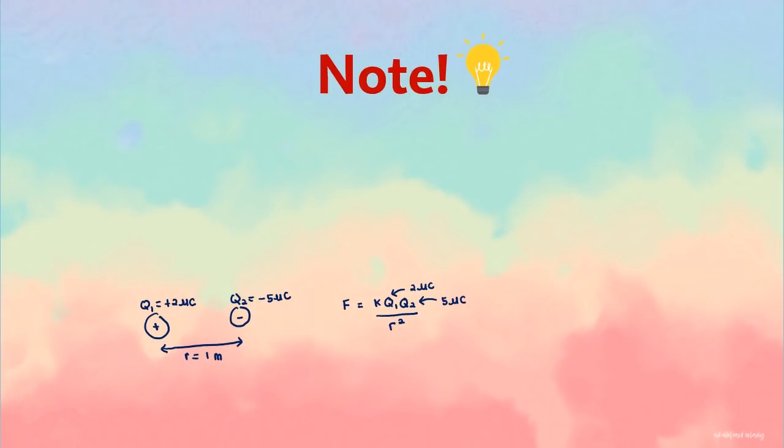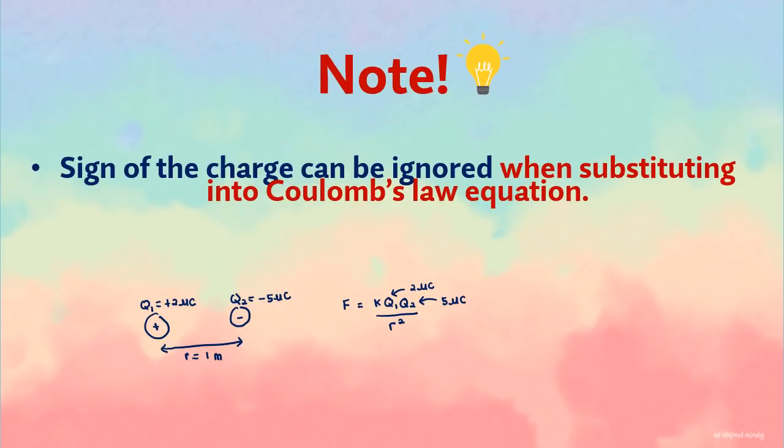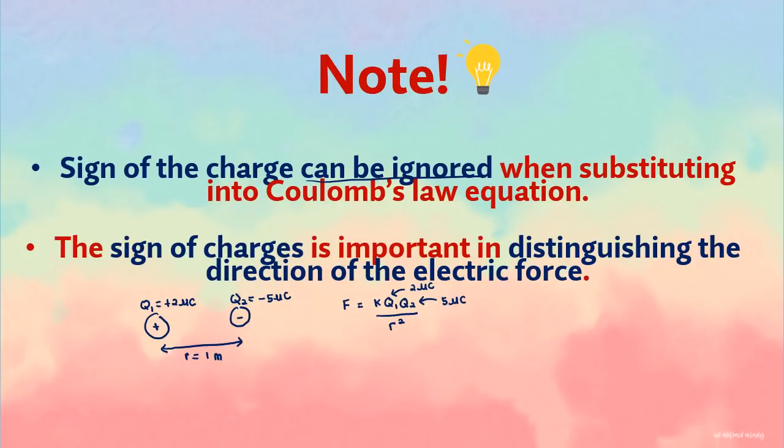Don't put the negative sign of the 5 microcoulomb, just put the magnitude of Q2. Note here, the sign of charge can be ignored when substituting into the Coulomb's law equation. The sign of charge is important in distinguishing the direction of the electric force, so it is important when we want to sketch the electric force on the charges.